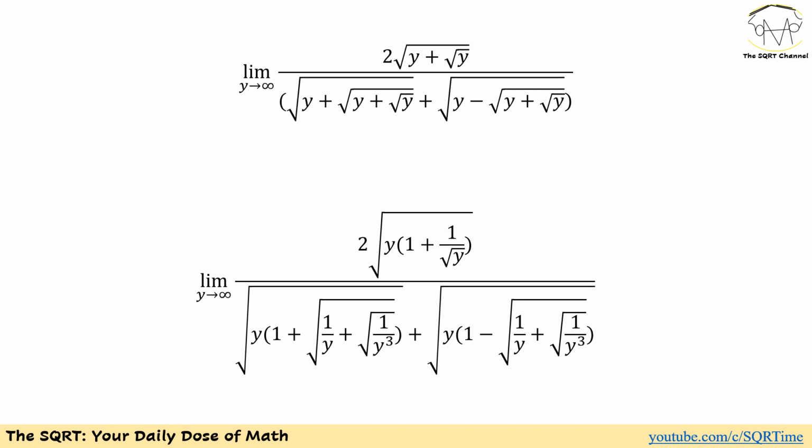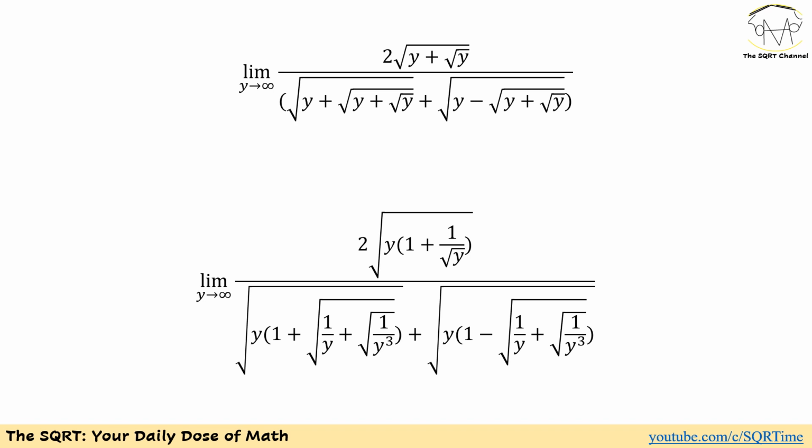This was easy. Now let's take a look at the denominator. I'm going to factor out y again. So the first term inside the first radical is going to be just 1. And then if we factor out y, because it is a nested radical, we are going to end up with radical 1 over y plus radical 1 over y to the power of 3.